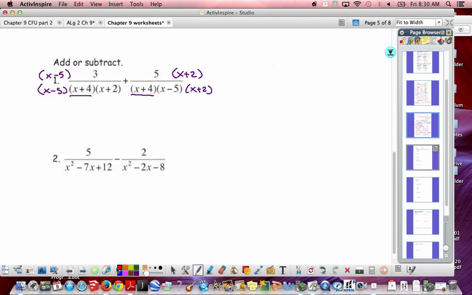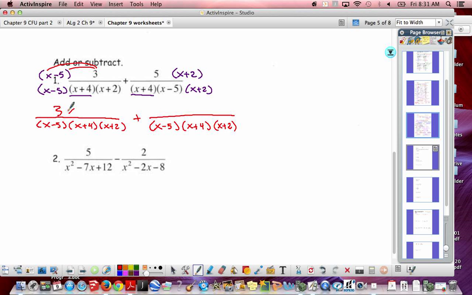So now, I need to distribute and simplify. My common denominator is x minus 5, x plus 4, x plus 2. I'm going to add that same denominator. Notice how they're all here: x minus 5, x plus 4, and x plus 2. So now, distribute.